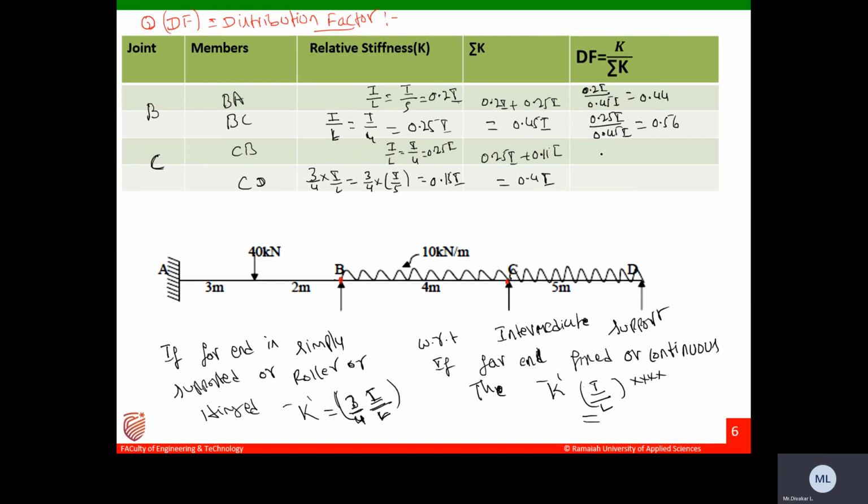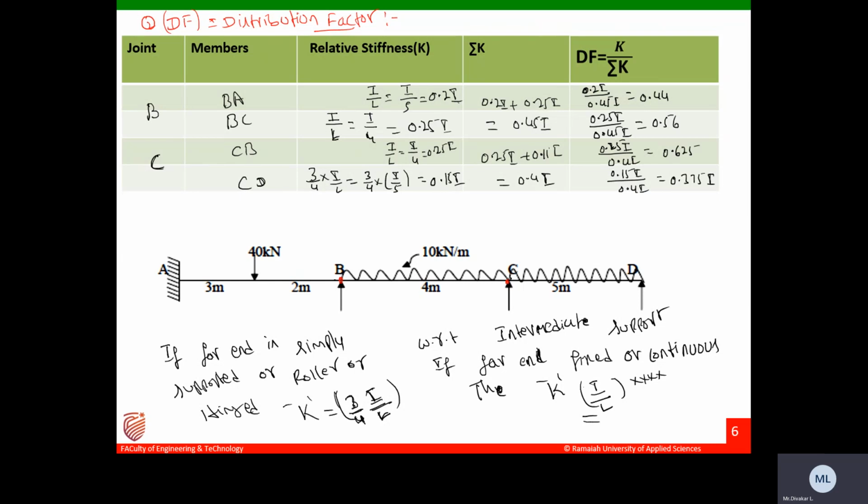Similarly, here this will be 0.25 I divided by 0.4 I, we will get 0.625. Okay, 0.625 we will get, and similarly 0.15 I divided by 0.4 I will give 0.375.